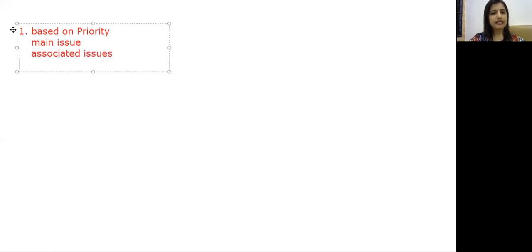Then the second type of organization that you can have is chronology. This will be particularly useful if the entire letter is about one single issue and you have 5, 6 recent visits, like over a period of 6 months, and the same problem has persisted or worsened.